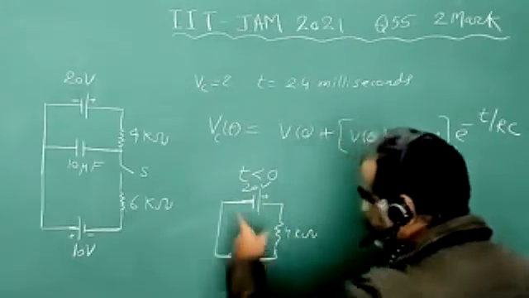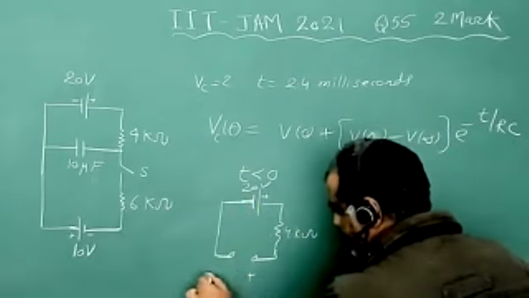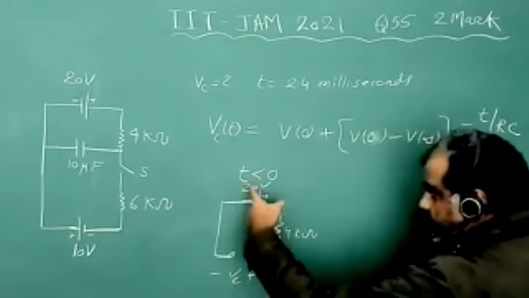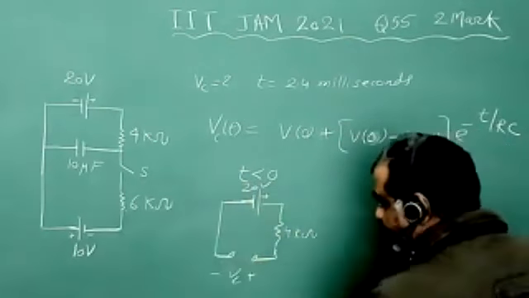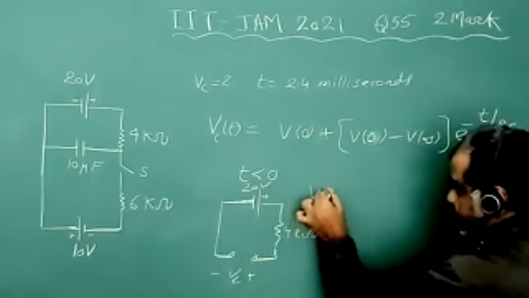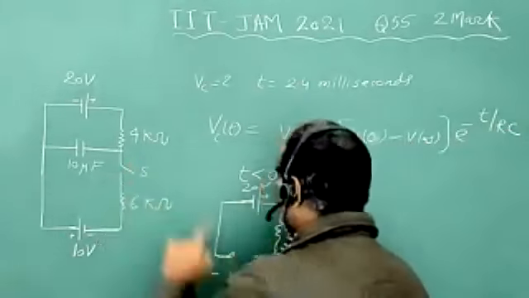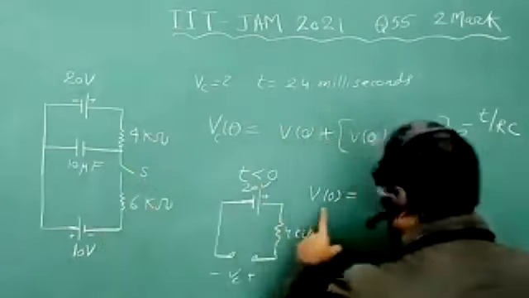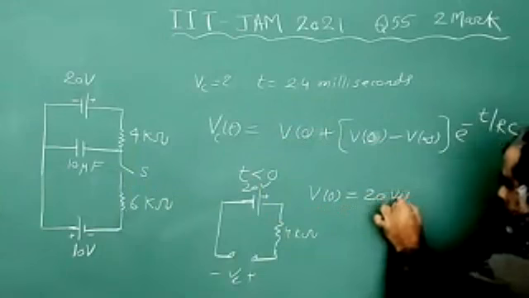Now what is the voltage across this capacitor? All the voltage will be across this C. So just before t equal to 0, when we close the switch, the voltage across this capacitor is 20 volts.